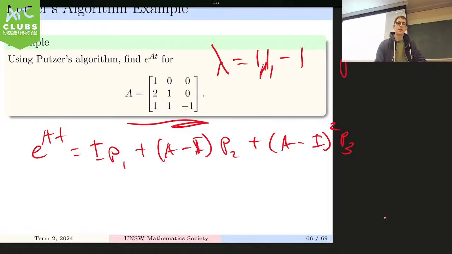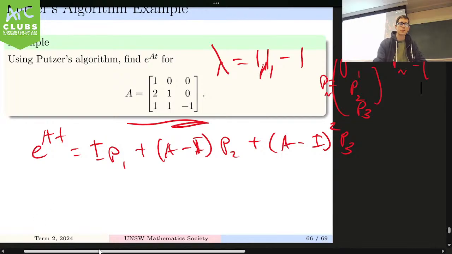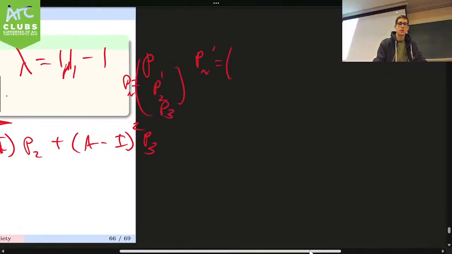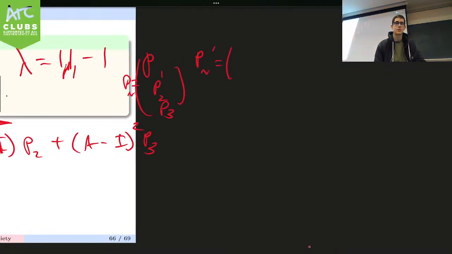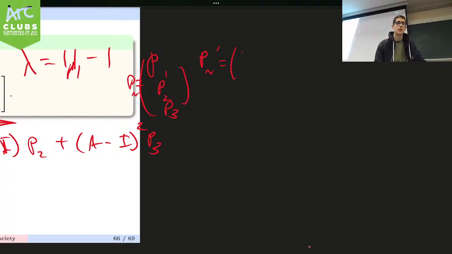We need p1, p2, p3. We call that p. We need p dash to be equal to the matrix with rows 1, 0, 0; 1, 1, 0; 0, 1, negative 1, times p, and p of 0 to be equal to 1, 0, 0.